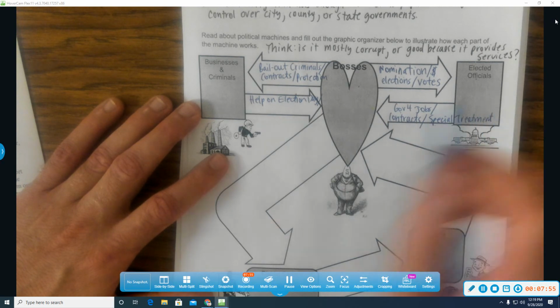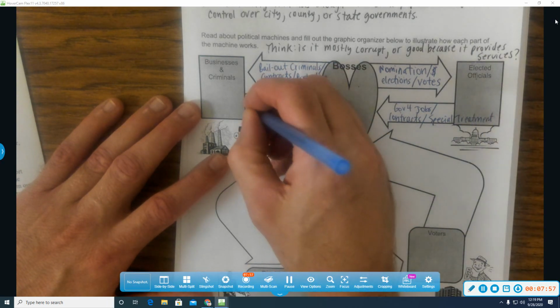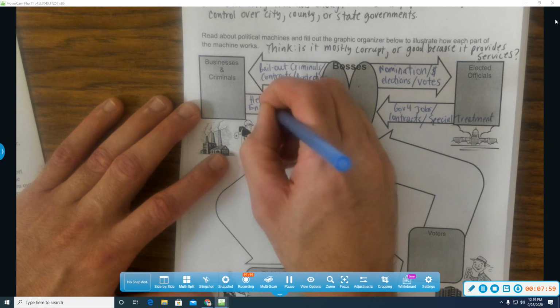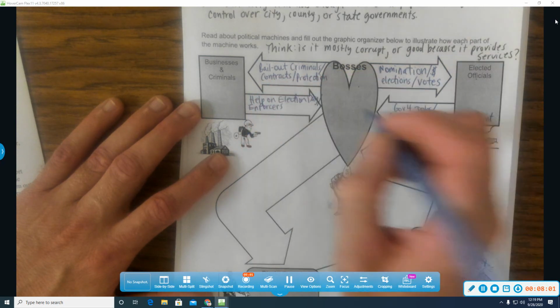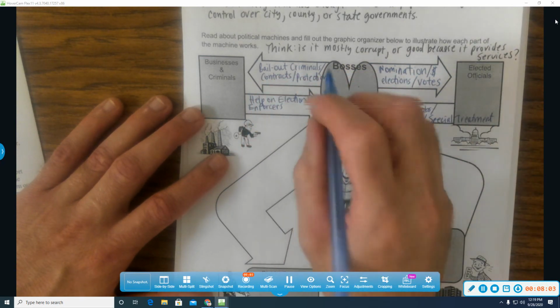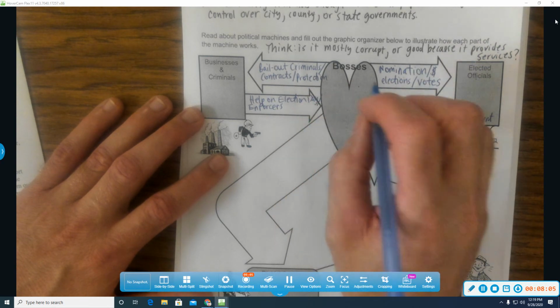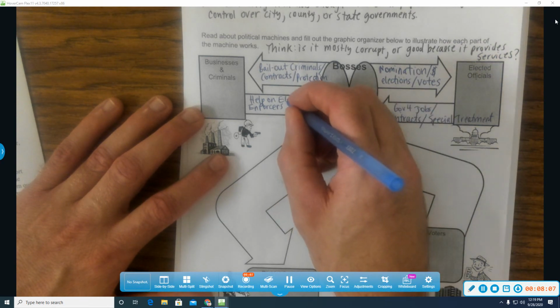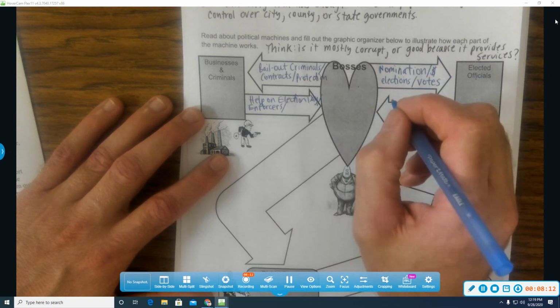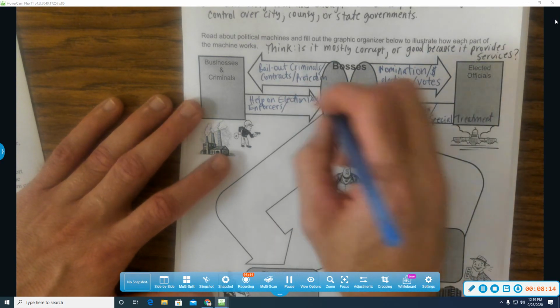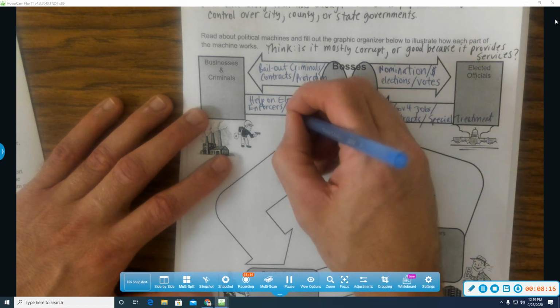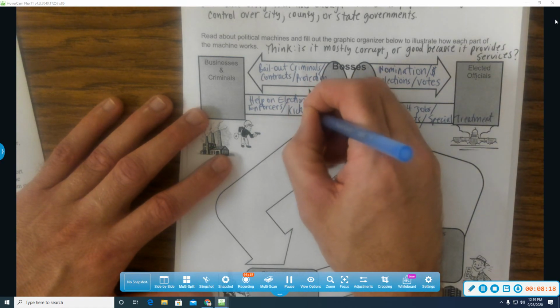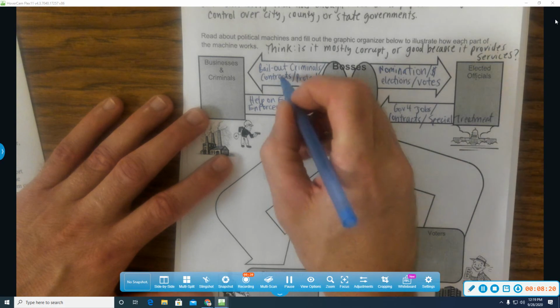All right, and also to enforce. They're the enforcers. So if you don't play the game right, they're going to be the ones that will go and beat people up, force them to play the game right. Okay, and then businesses are going to give kickbacks from those contracts that they've received.